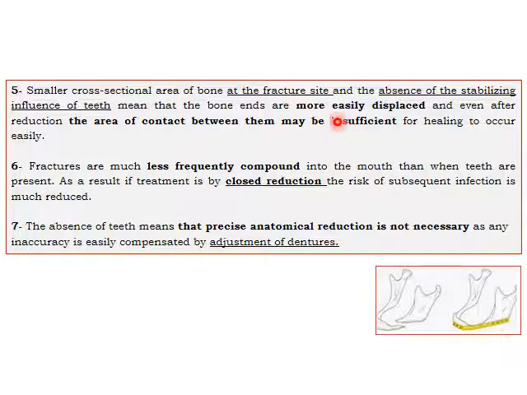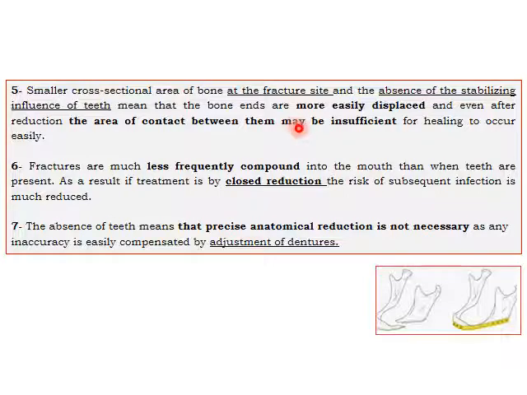When we look at the cross section of the bone, it becomes small at the site of the fracture, and with the absence of stabilization influenced by the teeth, the edentulous patient having no teeth means that the bony ends are more easily displaced.